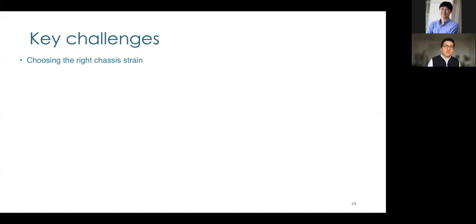So one of the key challenges is to be able to isolate and identify some of these bacteria. However, that is only the beginning of the story, because once you isolate and identify them, you also need to develop genetic engineering tools to work on them. If you have only worked with E. coli, you might not be aware that most of the tools, plasmid vectors, promoters, all of these things that we use for E. coli do not translate completely into other organisms.